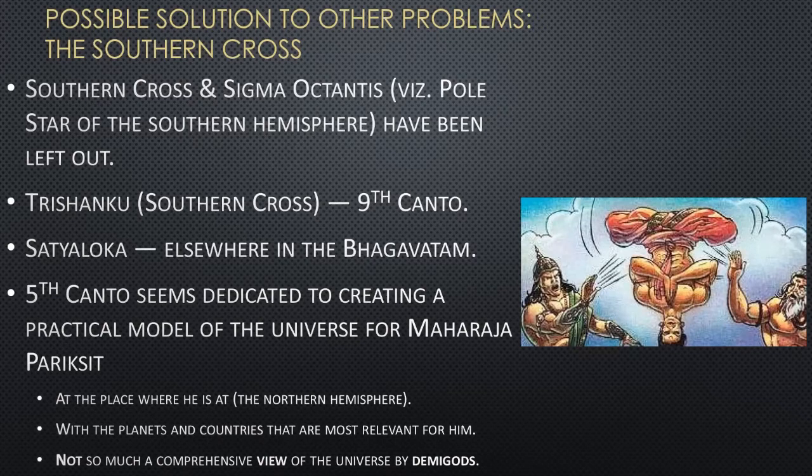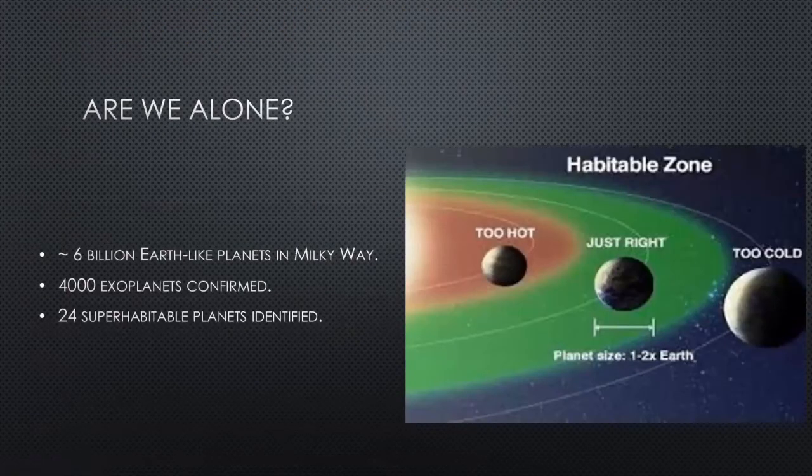And this takes us to the question that we began with: are we alone? The scientists right now have been able to look at planets around us and say whether they are in the habitable zone or not. They are able to see their composition through the spectra coming in through their telescopes.